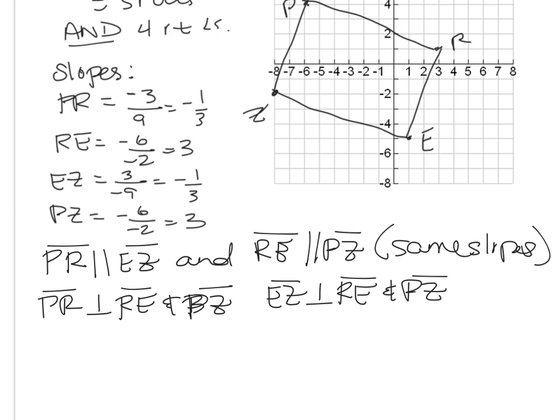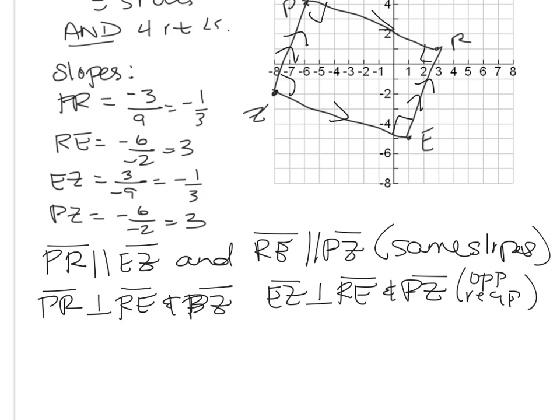Okay, so those are our 4 right angles, and then we know they're perpendicular because of the opposite reciprocal slopes. Okay, so we have our 2 pairs of parallel sides, which we've determined by slopes, and we've also determined 4 right angles using slopes.